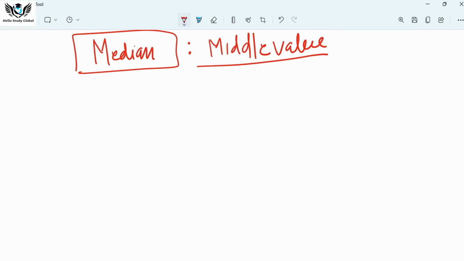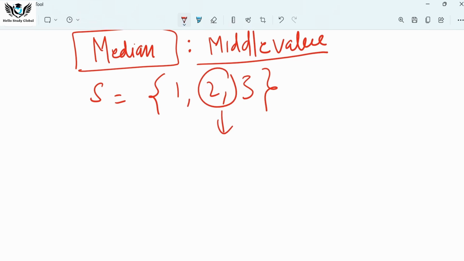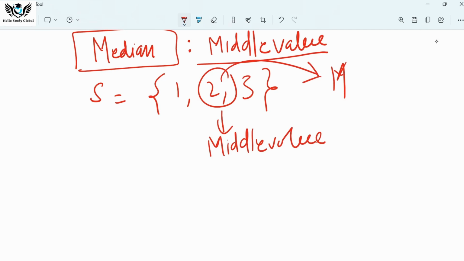Say for example, we have a set which has these numbers 1, 2, 3. Now out of these, if I ask you what is the middle value, you will say 2 is the middle value, and therefore 2 would be your median.